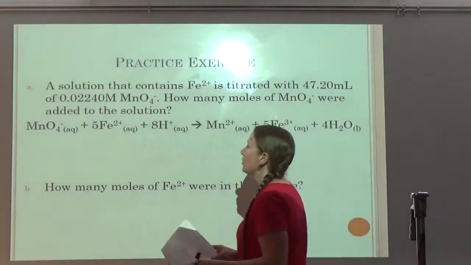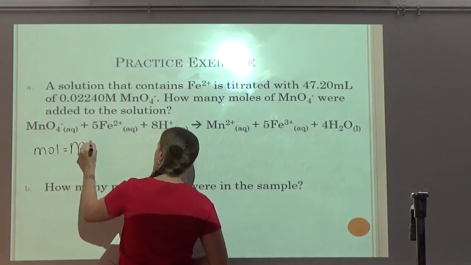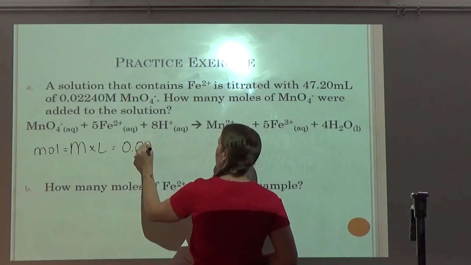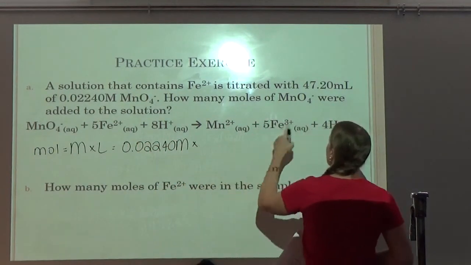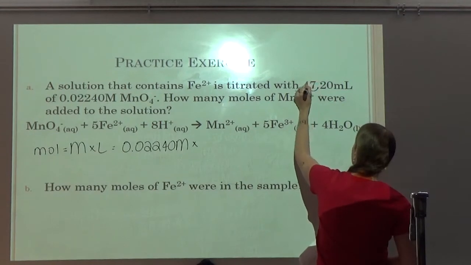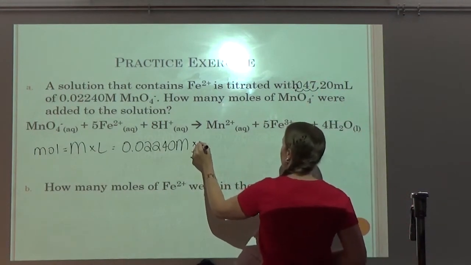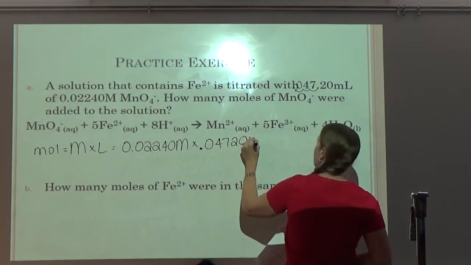Okay, so I know that to get moles, I can do molarity times liters. So my molarity is the 0.0224 molar, and my liters is, remember, 1, 2, 3, don't forget to move it over, 0.0472 liters.